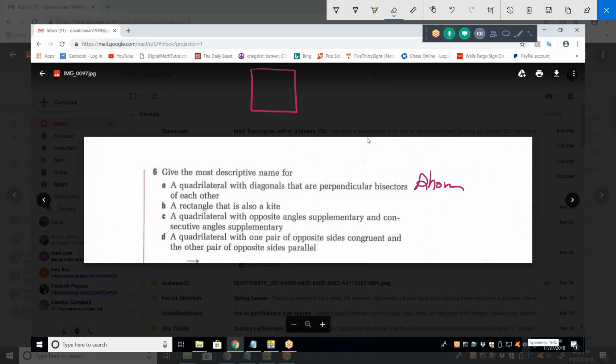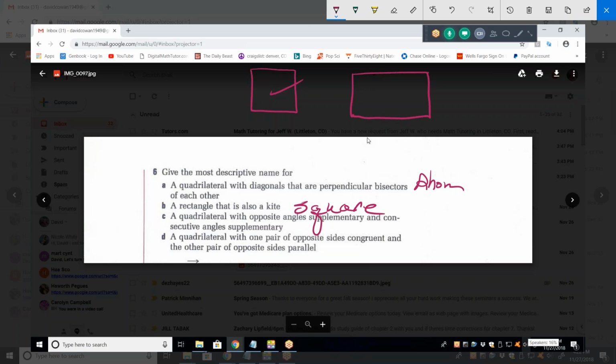So if I have a rectangle, the only way that a rectangle has two adjacent sides equal is if it's a square. And I think that's got to be the answer. In other words, that is the most descriptive.